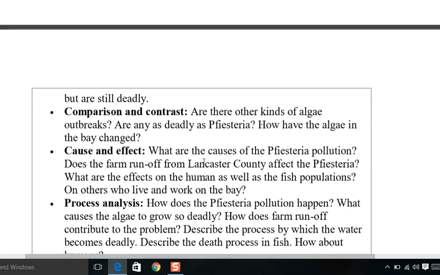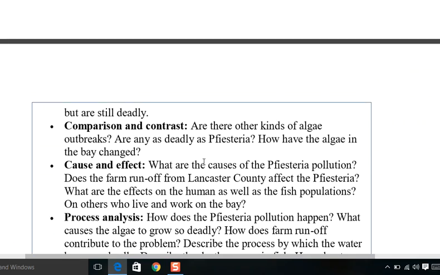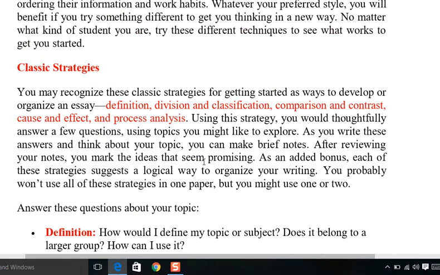Fine. With this discussion, we have covered that the first writing strategies are called classic strategies. These strategies are taught duly to students to learn written communication well.